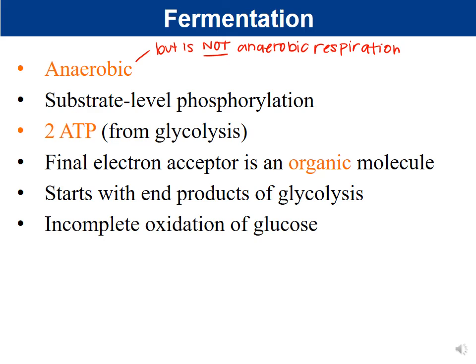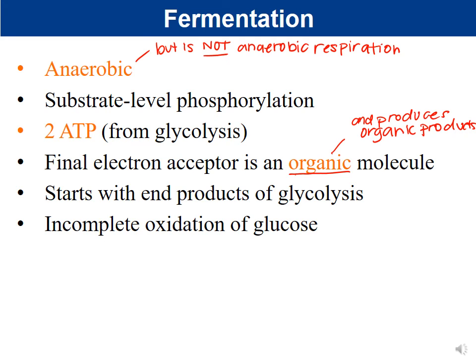And so again, there's a key distinction. You'll see this online, you'll see this in some books where they call fermentation anaerobic respiration. That is incorrect. And the reason is that fermentation is using a final electron acceptor that is organic and produces organic products.